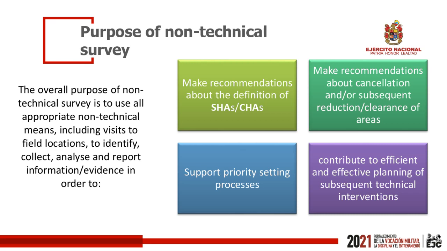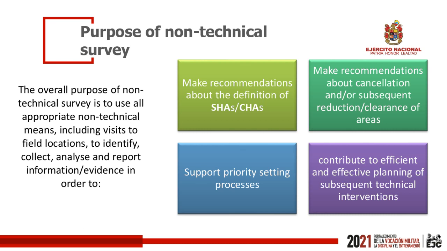Support the priority setting process. It's important to support all the prioritization levels in the area. The leader needs to take into account all the information. What is the reason? Because the people need the investigation or intervention with a technical survey, because they need to develop productive projects in the future.